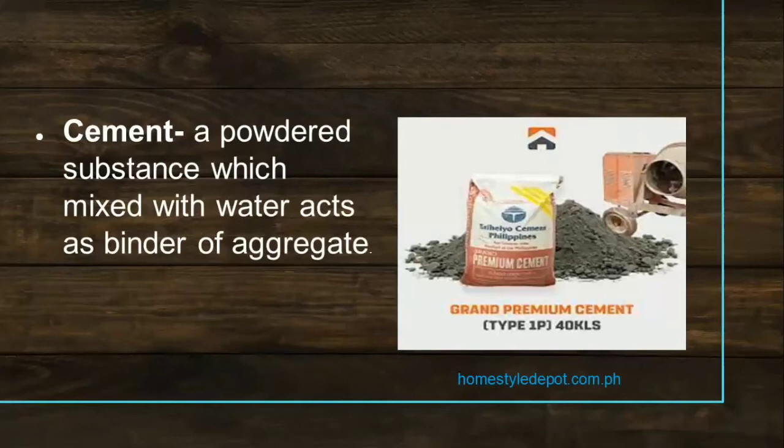Cement is also one of the most common materials that could be found at home. So who among you has a cemented house or a concrete house? Anyone? Is your house made of wood, or made of cement? Or a combination of the two? Combination, ma'am. Yes, so you could see cement.